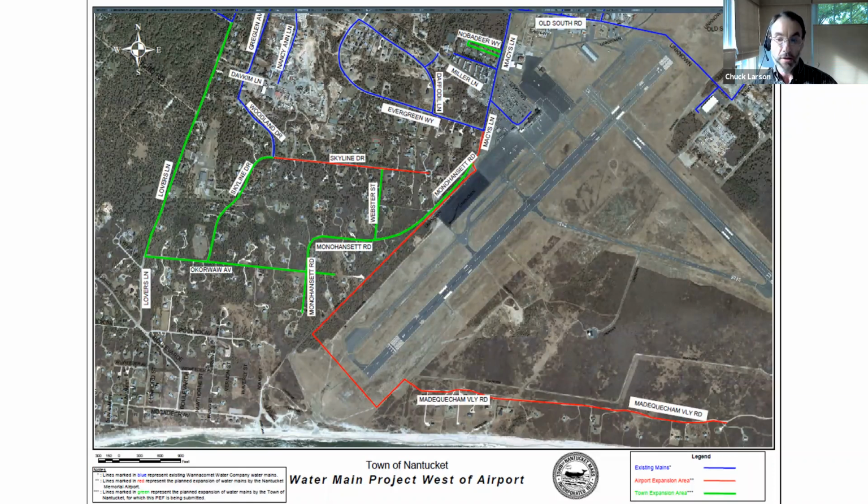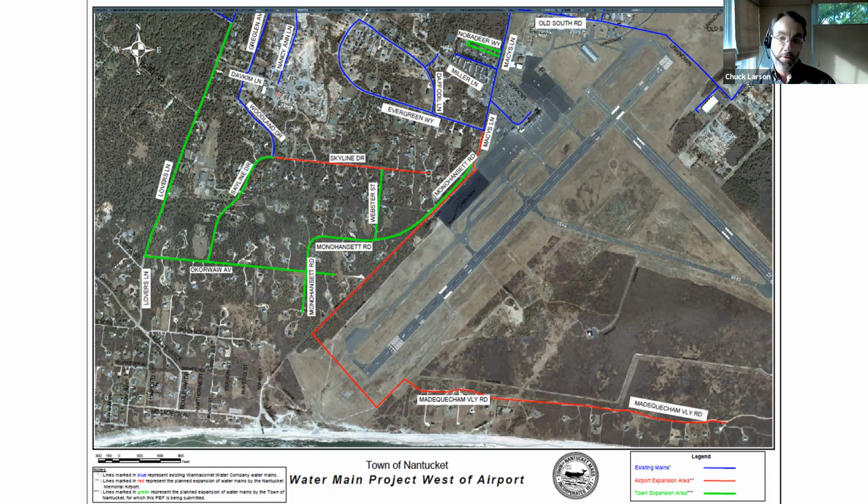But very quickly, the lines are color coded. The red lines are the work that are being pursued by the airport to extend water to those homes that are impacted as identified by the MCP. The blue lines are existing water service, and water already exists in those areas.